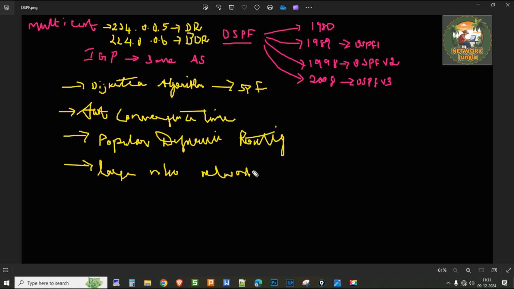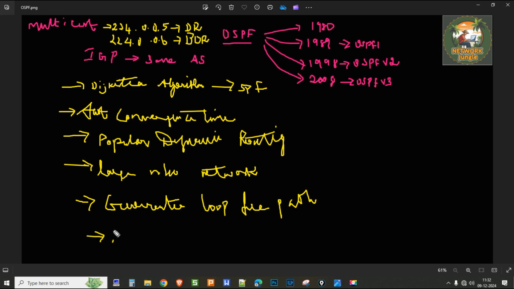The previous generation is the RIP protocol. It is a distance vector protocol, whereas here it is a link state routing protocol. It guarantees a loop-free topology, so loops do not occur in the routing paths. It maintains a link state database.